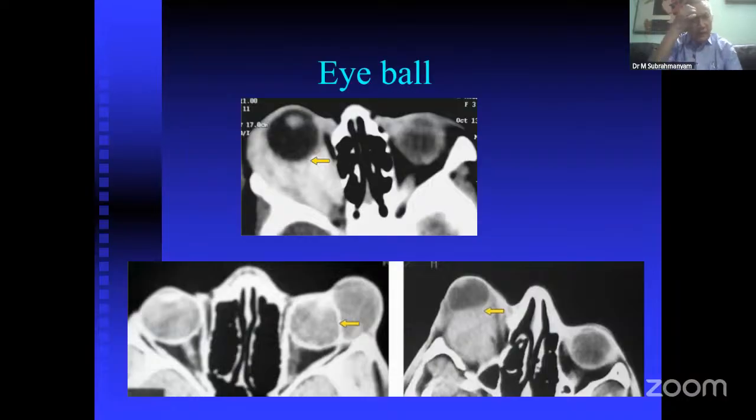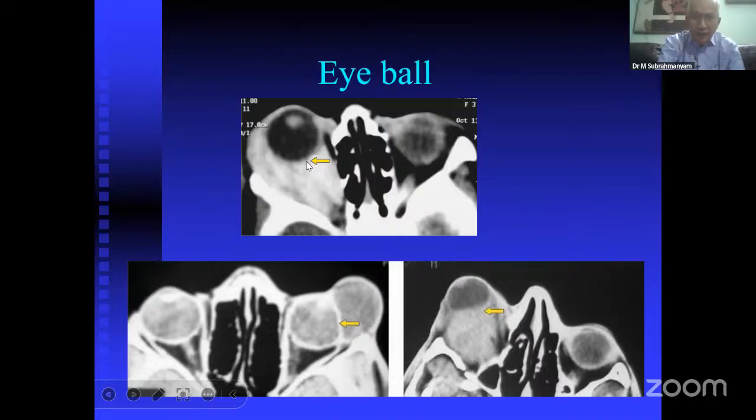Then, after these bones, look at the eyeball. How is the eyeball? Where is the lesion? And what is the relationship between the lesion and the eyeball, and what is happening to the eyeball? Here you can see that there is a proptosis, a significant proptosis, and the mass is molding to the globe.